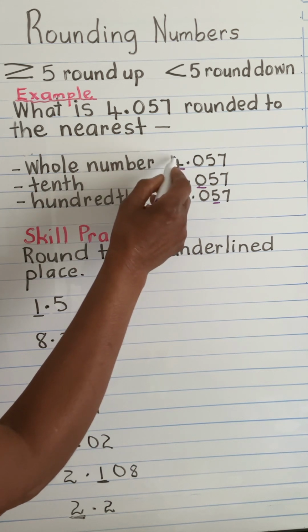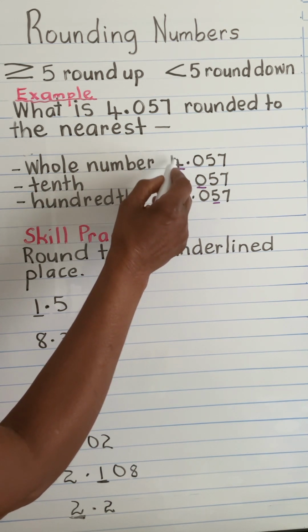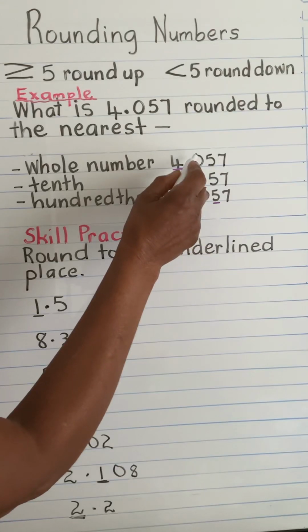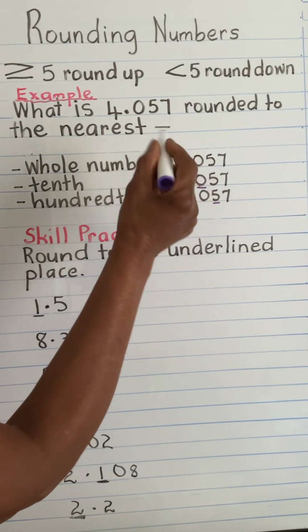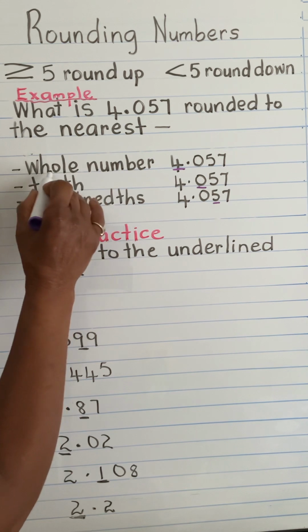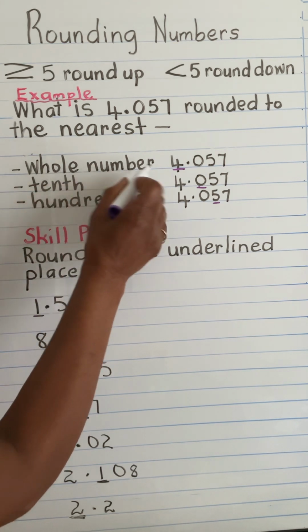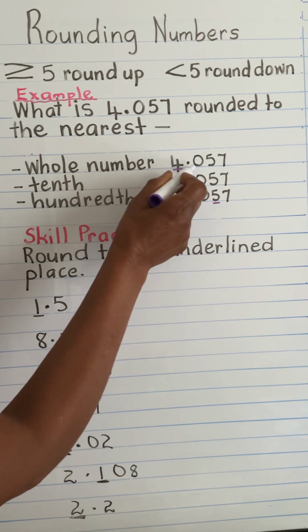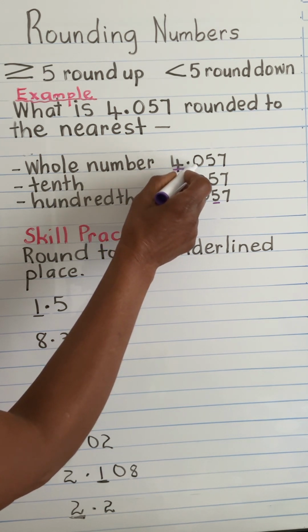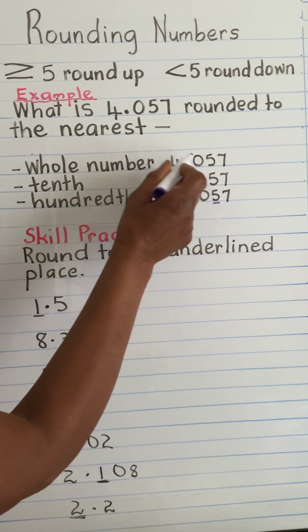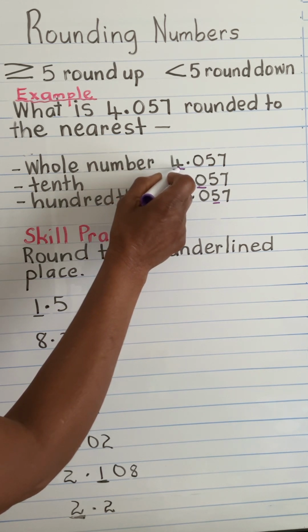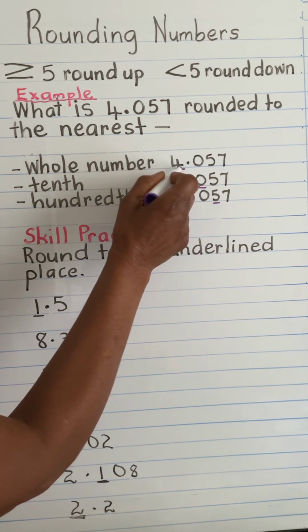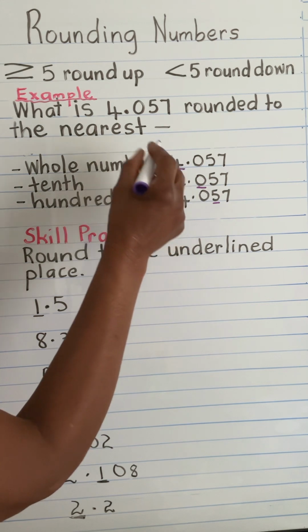That means we're going to add 1 to the rounding number, or if it is less than 5, we're going to round down. So in the first example, we are rounding to the nearest whole number. We're going to look at the tenth, and we see that that is less than 5. So the number in the rounding place remains the same.